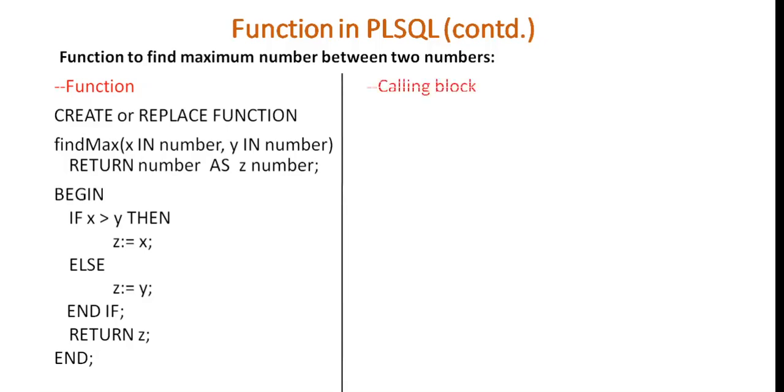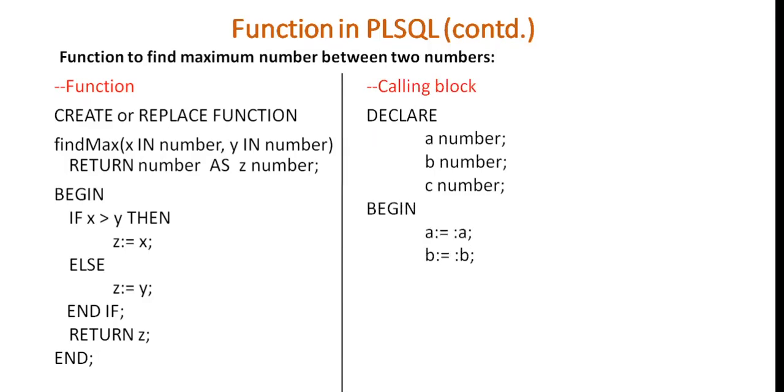And now let's see how to call function. In calling block, we have three variables declared: a, b, c. All are of number type. Then we are reading the value of a and b by using colon operator from user. Now we are calling function. See, what is the difference between calling procedure and calling function? In function calling, we are writing c is equals to find max a, b.